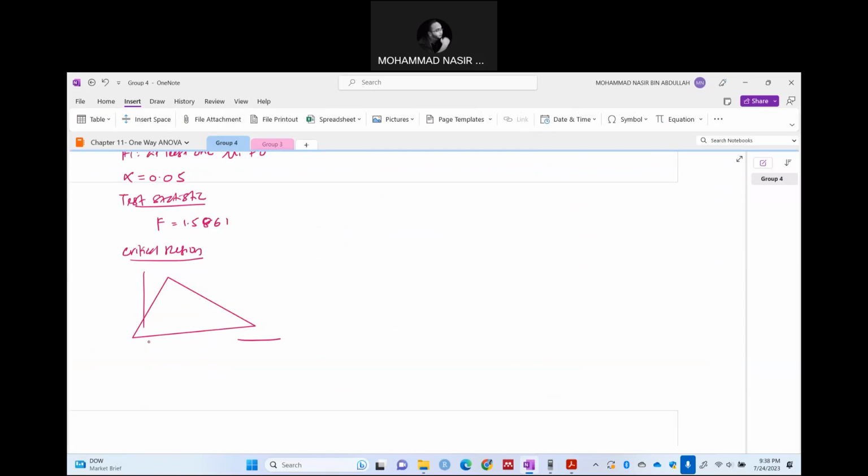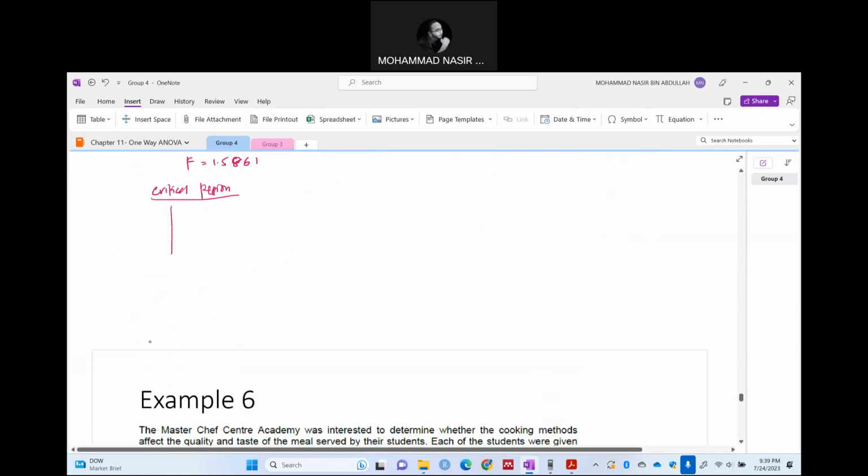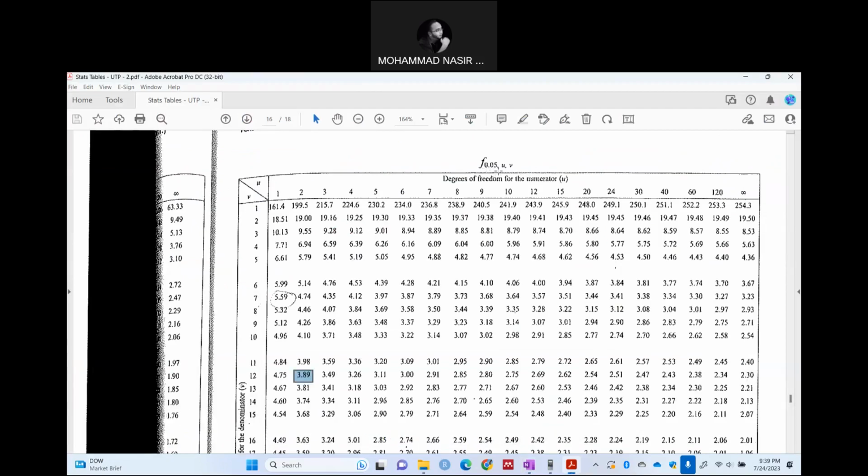Today it is easy to draw the shape. The degrees of freedom are 4 and 102, right? This is 0.05. Make sure you look at the correct alpha. 0.05, 4, 102. Where is 102?